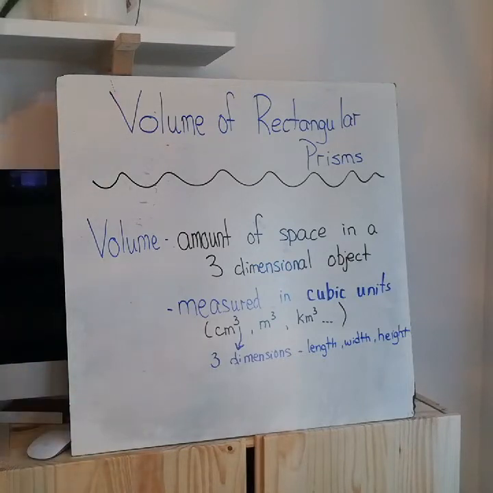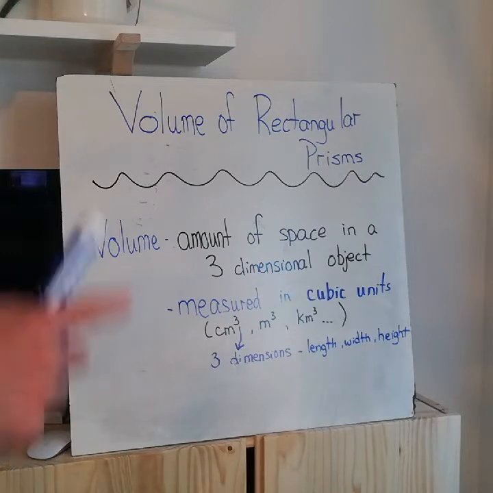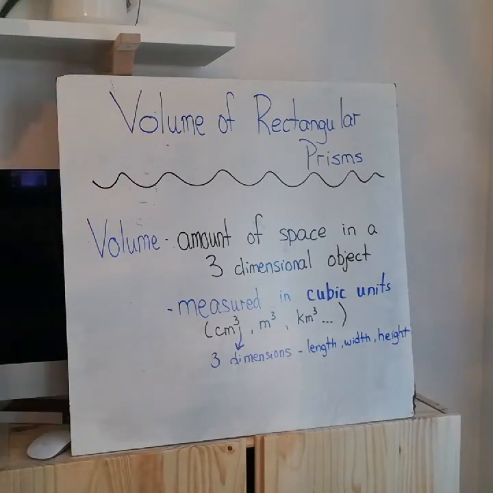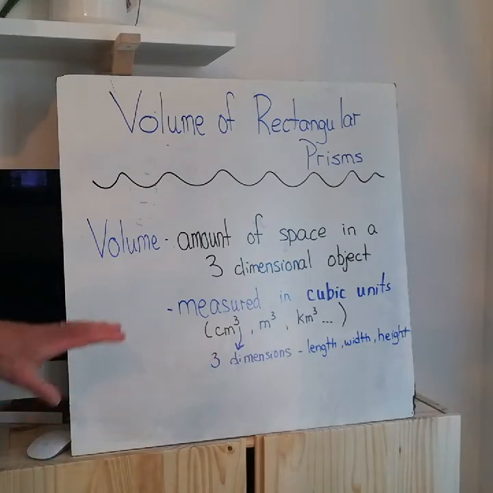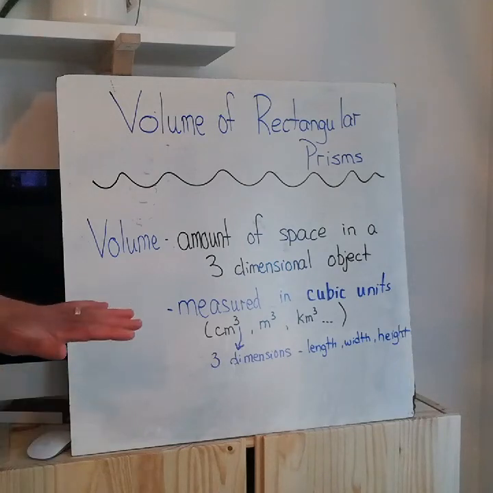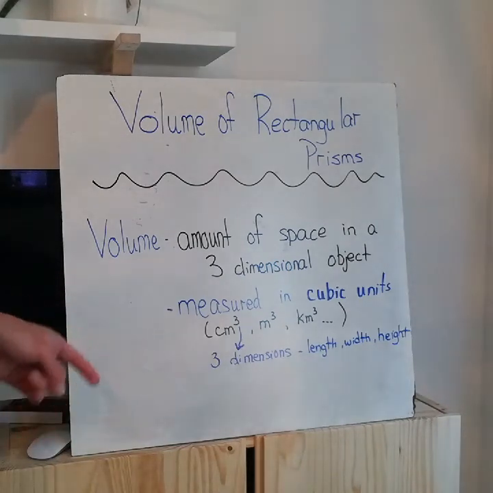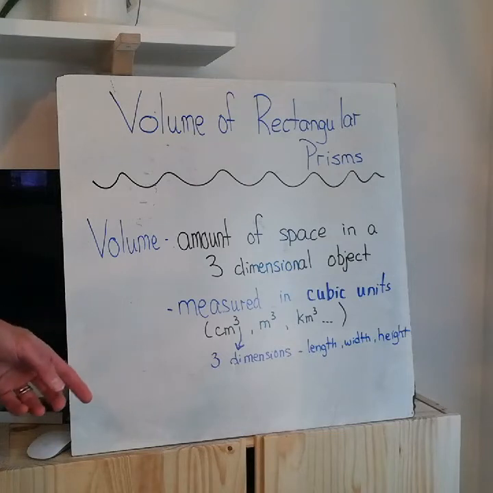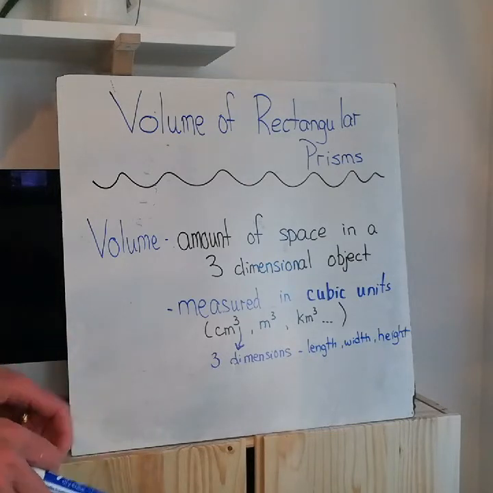So volume, if you remember when we did perimeter, it was just kind of a one-dimensional line that you measure around the outside. Area was two-dimensional because we're talking about all this space on the front of a rectangular surface. But volume is three-dimensional because we're trying to figure out how much space is inside the box.